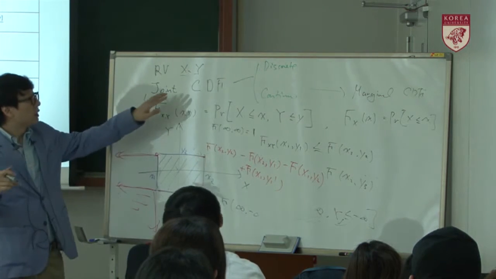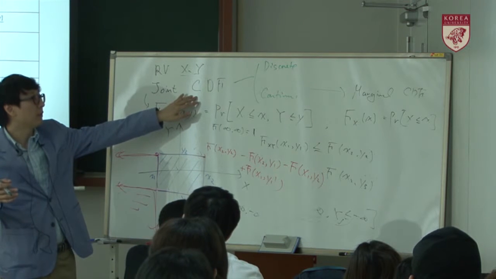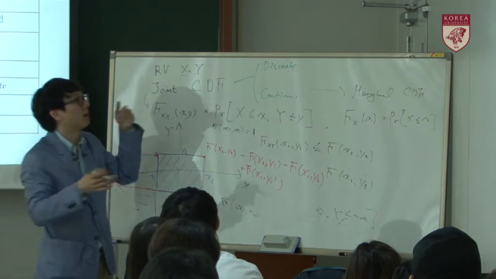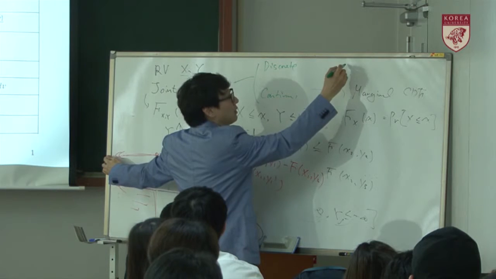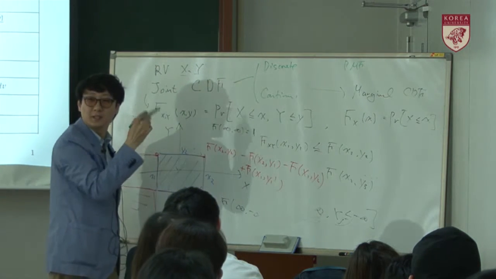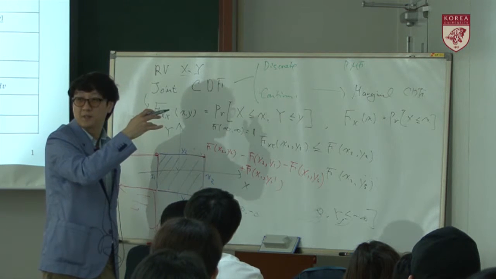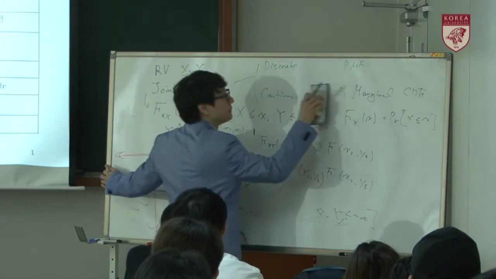But equivalently, the CDF has equivalent information. For the discrete random variable, the CDF has equivalent information to the probability mass function. Right? CDF can be converted to the PMF, and PMF can be converted to the CDF for the discrete random variable.